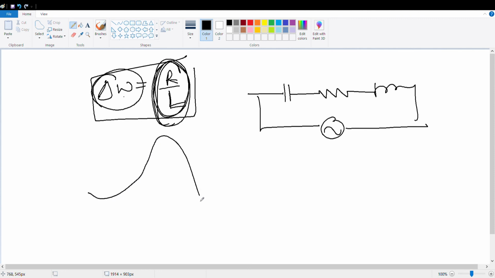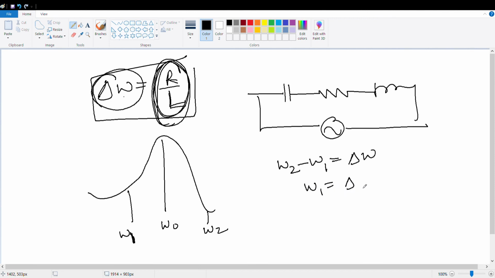So if this is the W naught, this is W1, this is W2. Obviously W2 minus W1 equals delta W. So what will be W1?